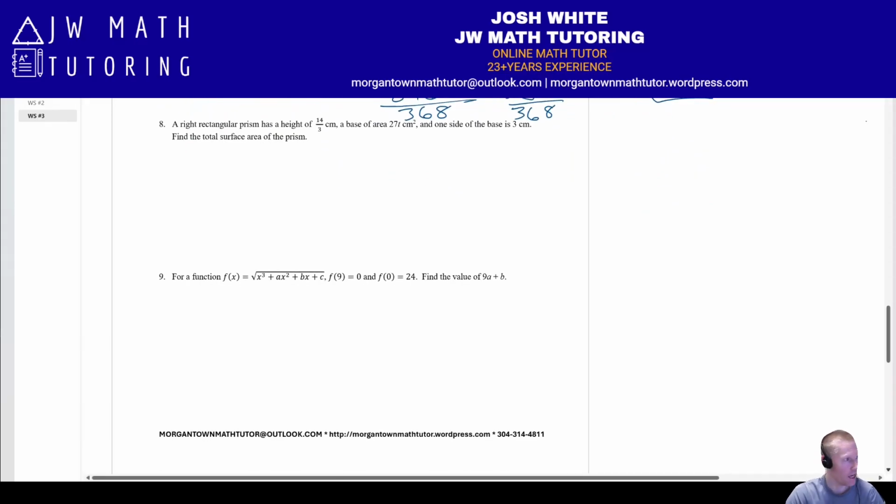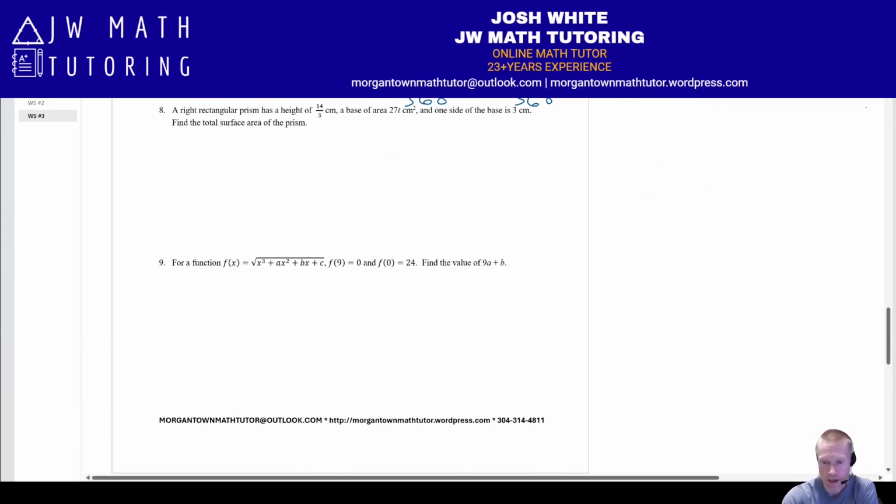Number 8, here we have a rectangular prism where it gives us the height, and it gives us the length of one of the sides of the base, and also an expression for the area of the base that has a letter T in it, 27T basically.